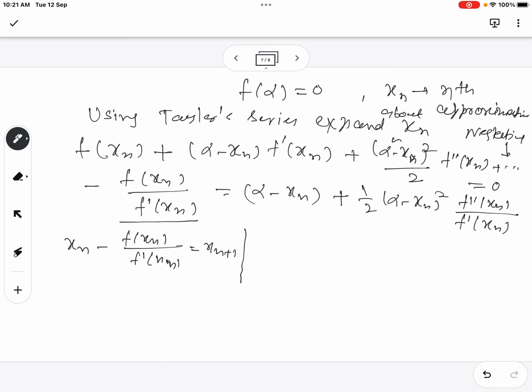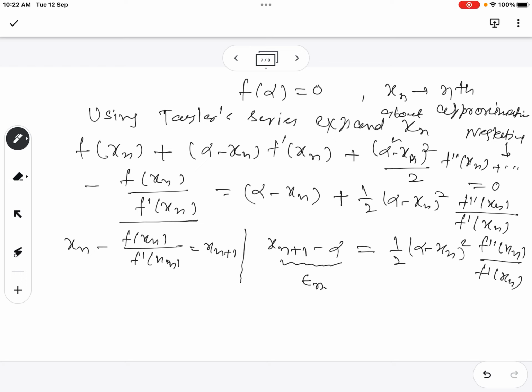So using this I can write down xn plus 1 minus alpha is equal to 1 by 2 (alpha minus xn) square f double prime at xn by f prime at xn, and this is nothing but the error in n plus 1th approximation.